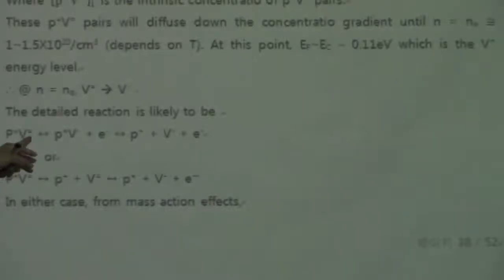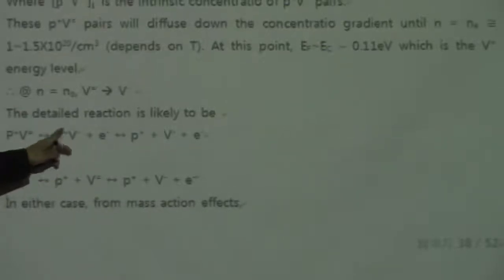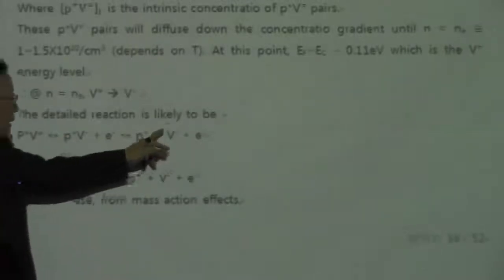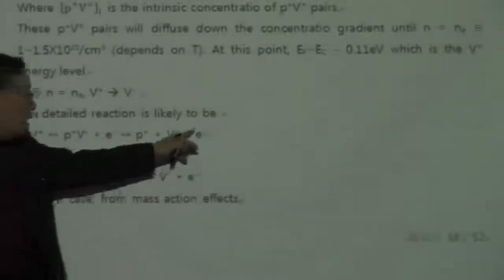P plus with the doubly negatively charged vacancy is dominant at the surface, in the heavy concentration case, so at the surface the concentration is proportional to n squared, right? Because it's a doubly negatively charged vacancy coupling. This one is a dissociation reaction into a singly negatively charged vacancy coupled with P plus, giving up one electron.